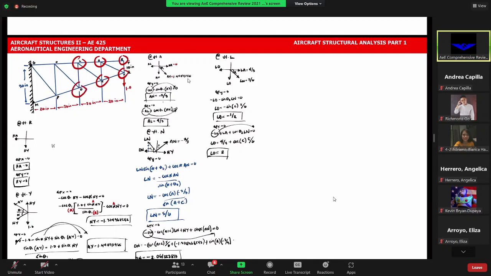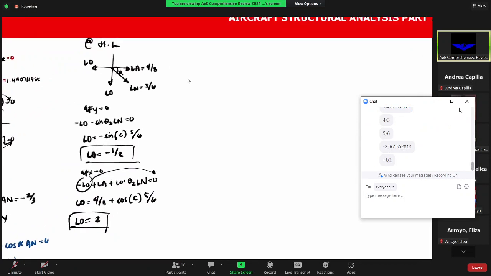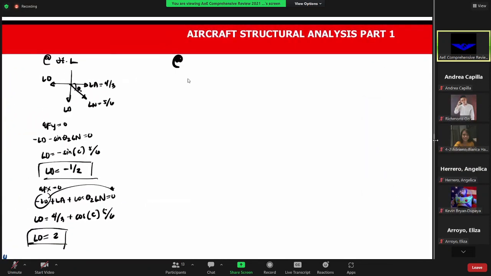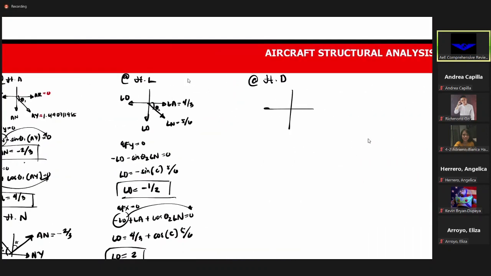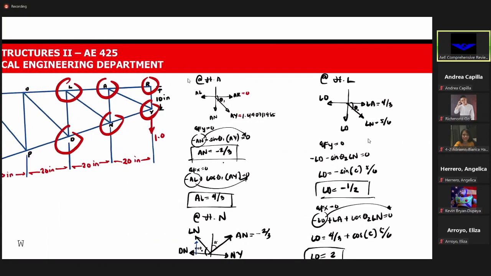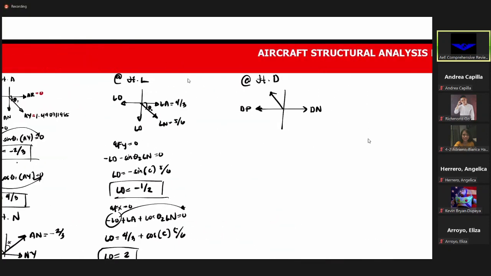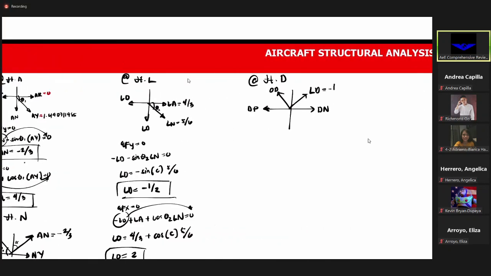So, next is D. So, again, rotating axis pa rin tayo kasi nag-rotate naman na tayo kanina. So, dito na lang sa katabi ng L. So, at joint D, magro-rotating axis tayo. At joint D, meron tayong DN, DP, and then OD. So ito yung OD. Ito yung LD. So LD is negative 1/2.